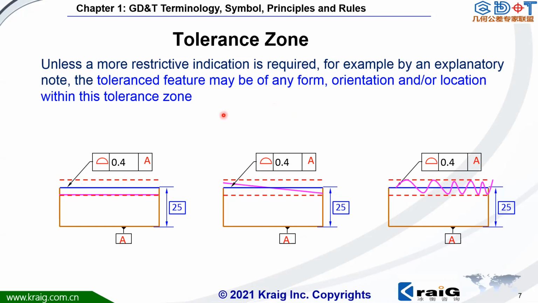This is why I said the tolerance zone means the tolerance feature is allowed to have any form, orientation, and or location error as long as it's within the tolerance zone.